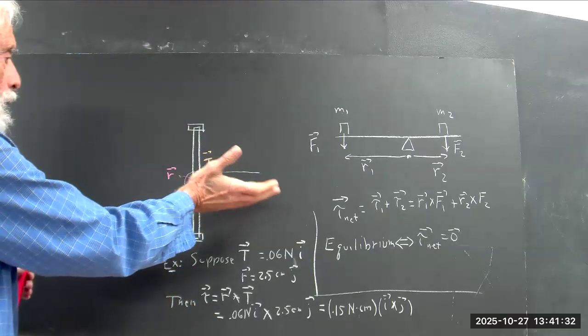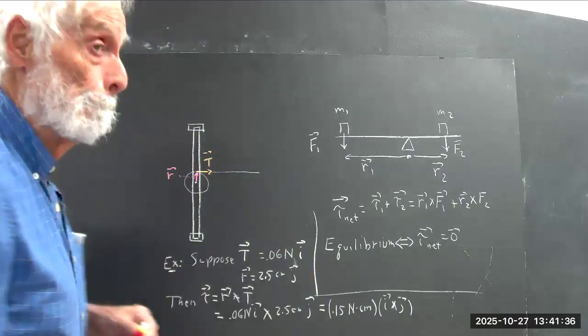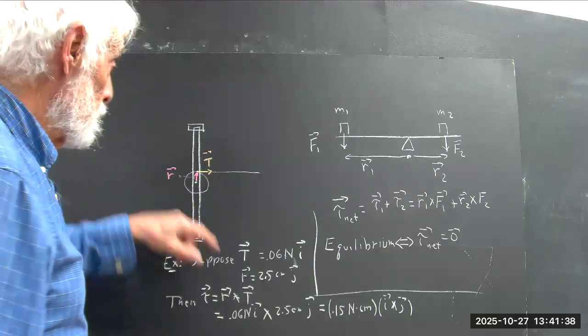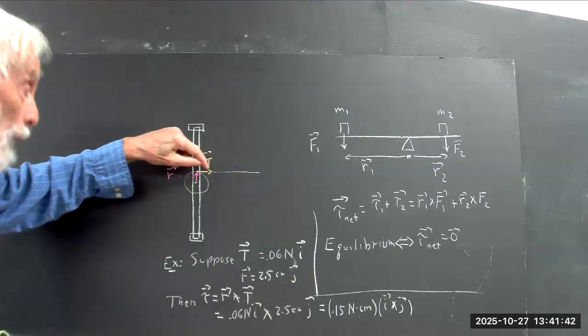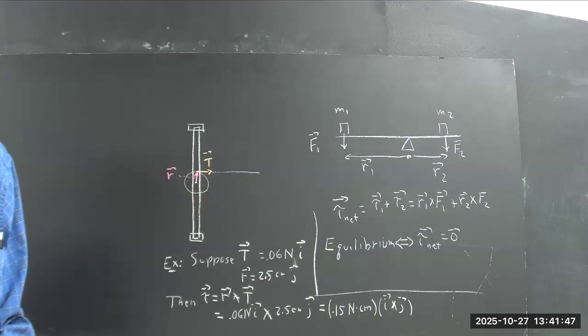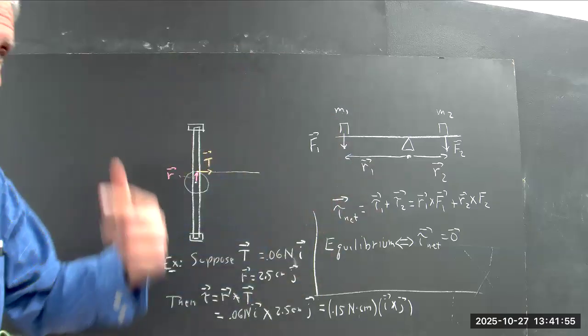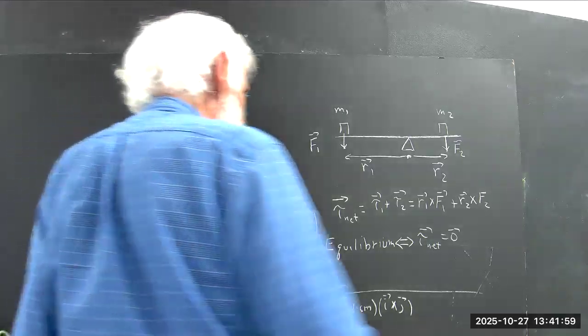If we do the cross product, I cross J comes out this way, right? And that corresponds to a vector in the positive x direction, a vector in the positive y direction gives you a vector in the positive z direction. And that is what will result in a counterclockwise torque.